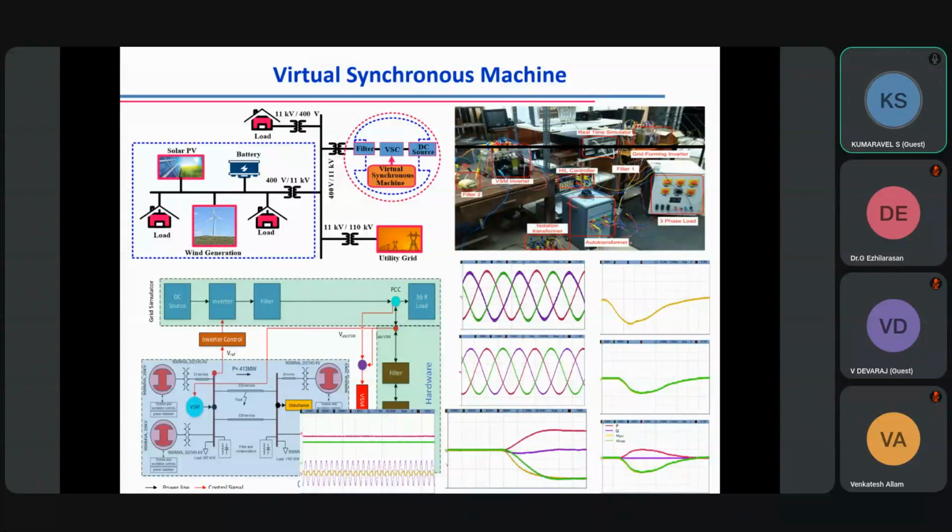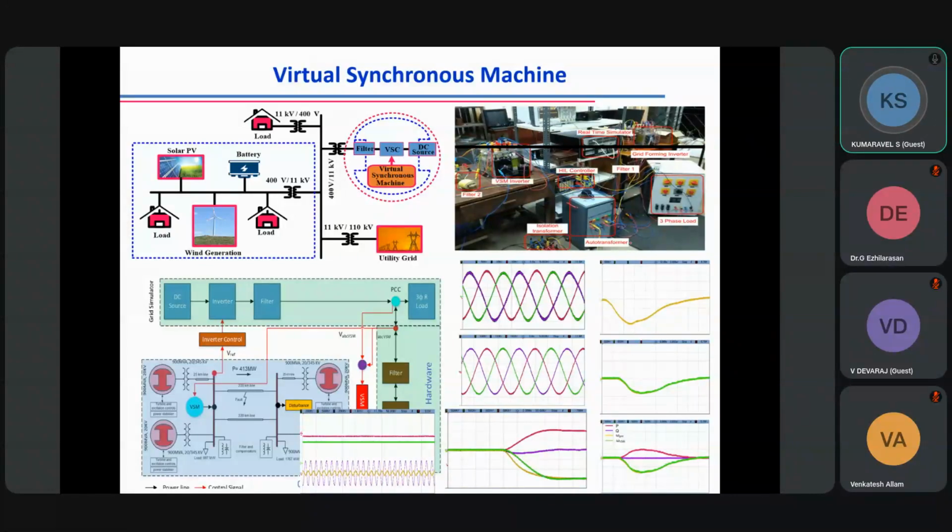What I would like to say is there are many such power system problems that exist even today. That problem we are solving using a modern approach called the virtual synchronous machine. Using AI techniques, we are improving the performance of the virtual synchronous machine compared to the conventional machine.